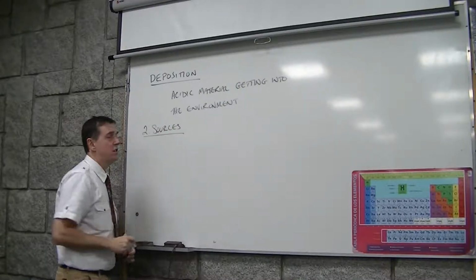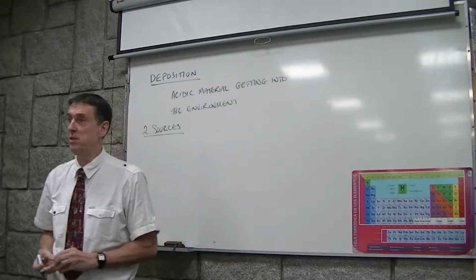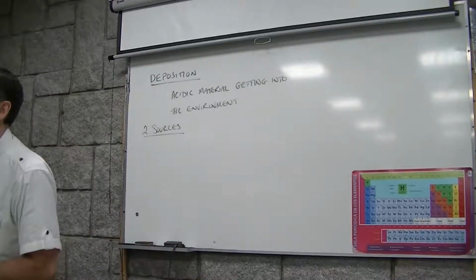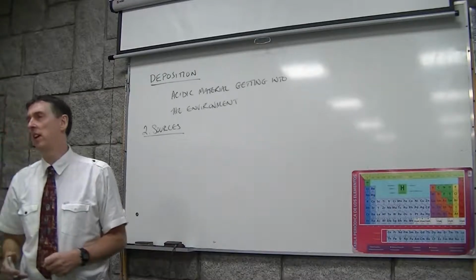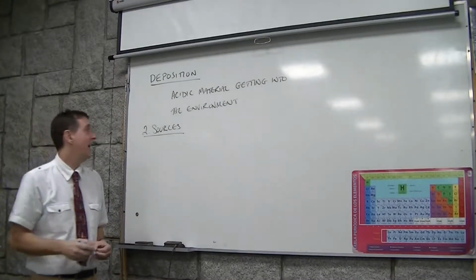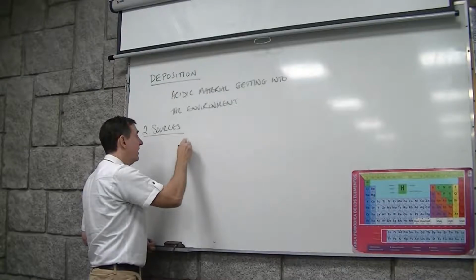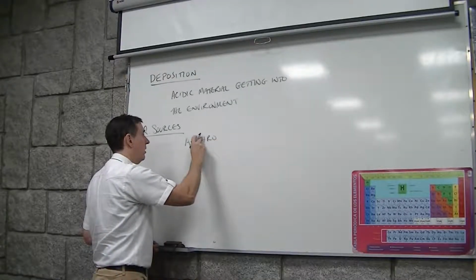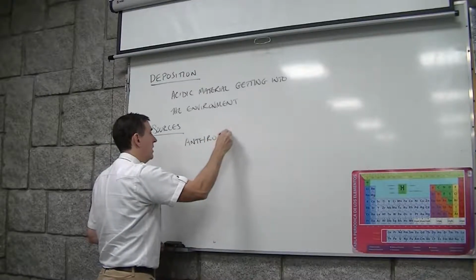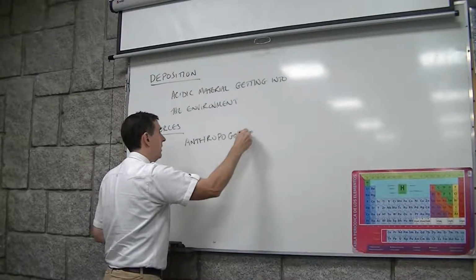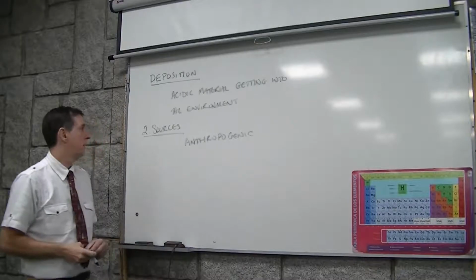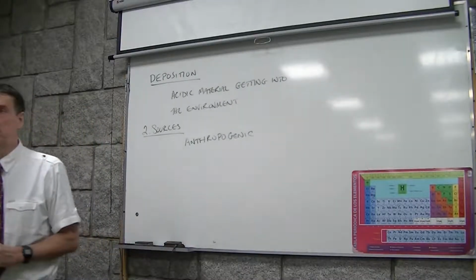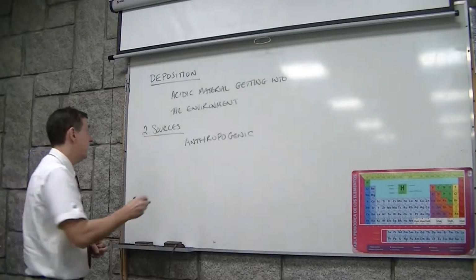This is a generic two sources. There aren't actually two sources, there are far more. But there are two categories, if you like. One is anthropogenic. And the other is natural.